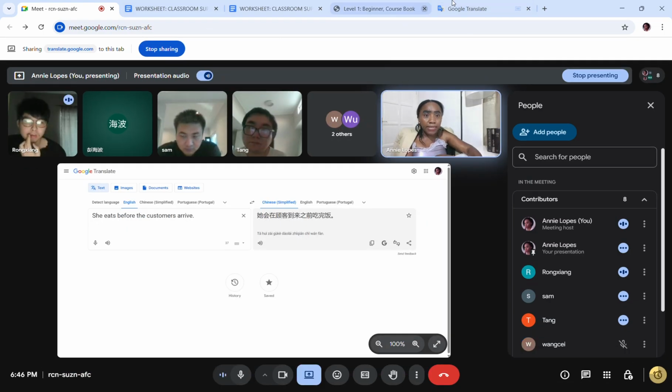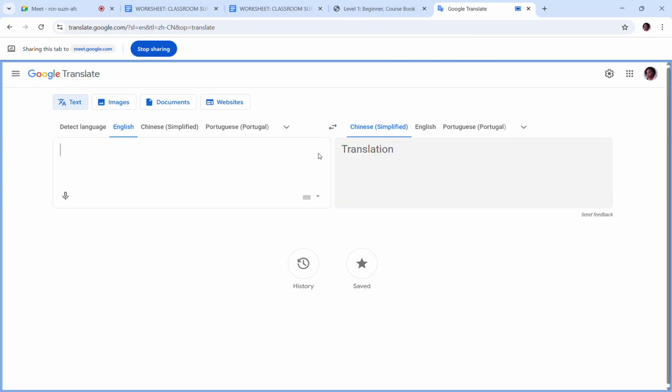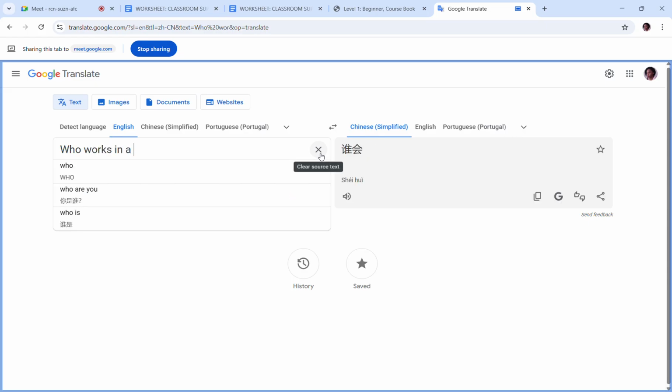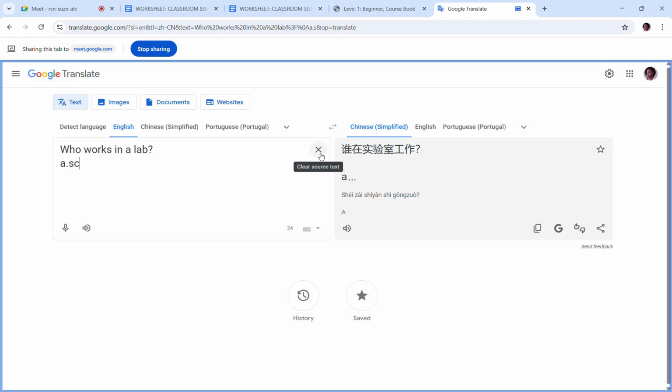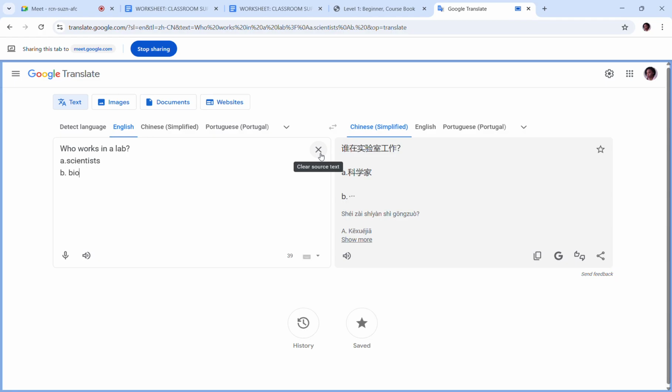Who works in a lab? A scientist. Biologists. No one.